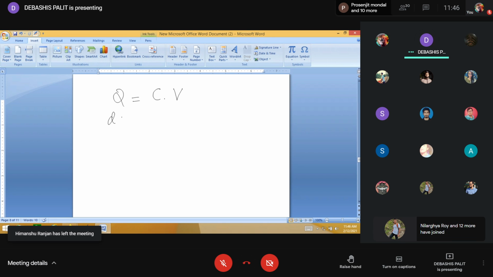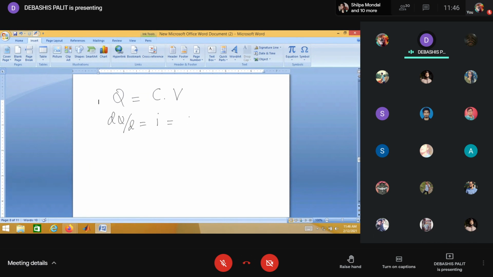So dq/dt, that is the current, that is equal to C into dv/dt. So the current I is equal to C into dv/dt. So you can consider that dv is equal to 1 by C integration of I dt.